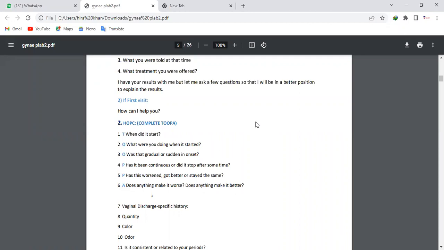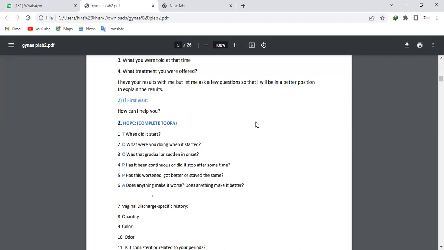All right. So regarding the discharge, for example, the patient is having discharge, you have to ask these questions. TOPA, like when did it start? What were you doing when it started? This question is important, because has it started after sex, or after you had periods? Because it is related somehow. Was it started suddenly or gradually?